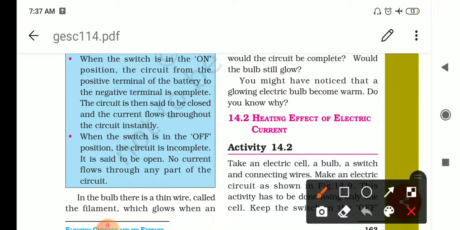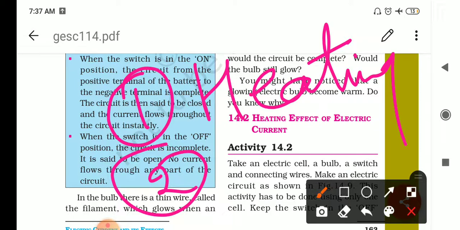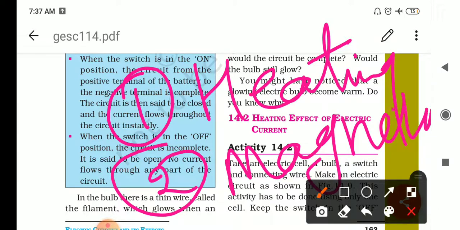Okay, now the next topic is effects of electric current. There are two effects. First is called the heating effect, right? And second is called the magnetic effect.